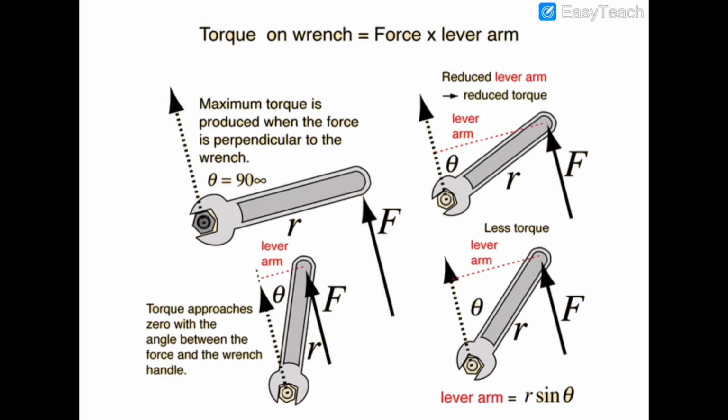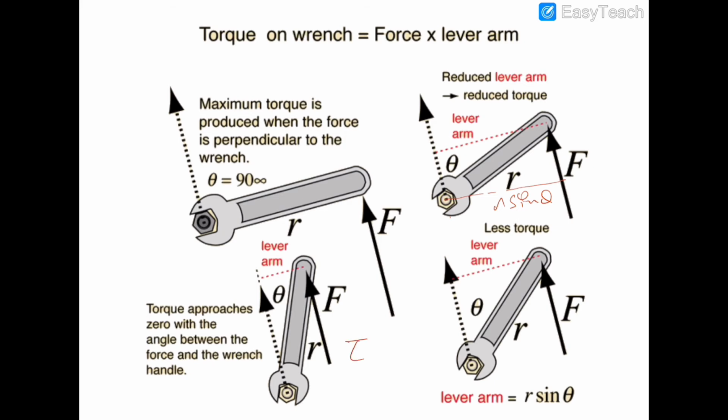And in this second case, if the force is applied like that, and this is the angle theta, then the perpendicular distance of this hinge from this force would be this one, and this distance would be r sine theta. So the torque would be F into r sine theta.